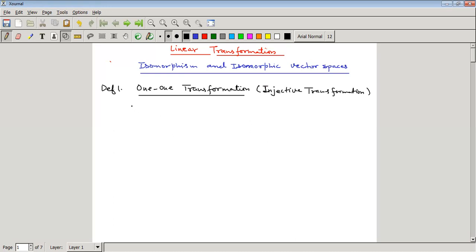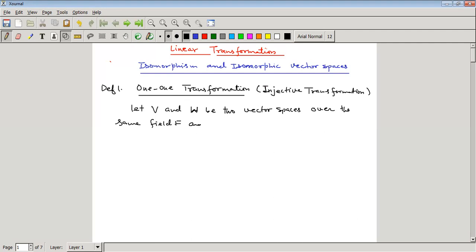So let V and W be two vector spaces over the same field F, right?